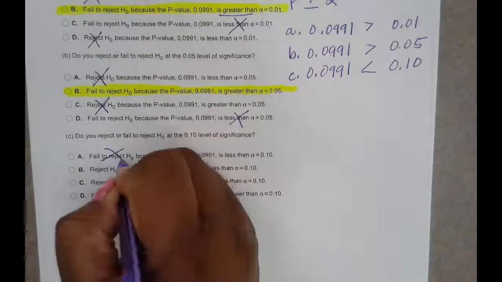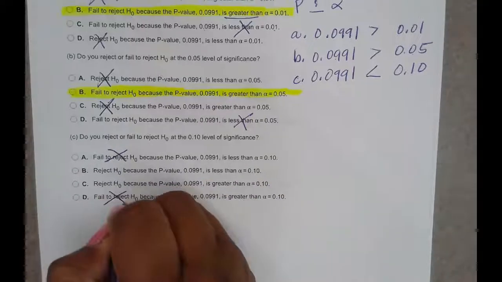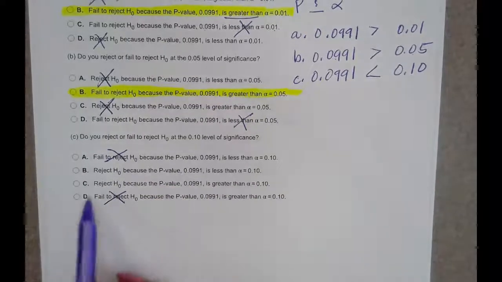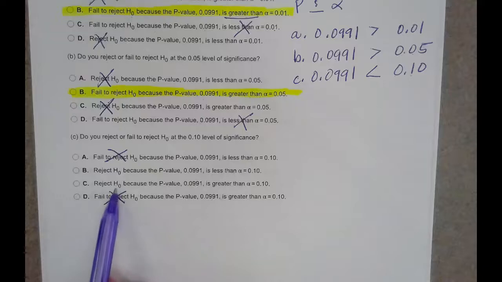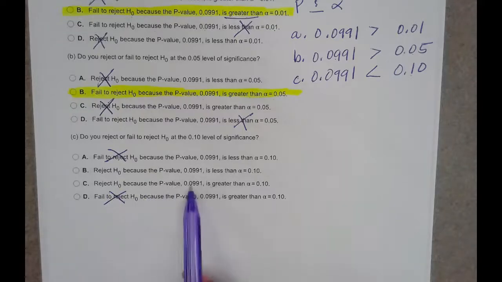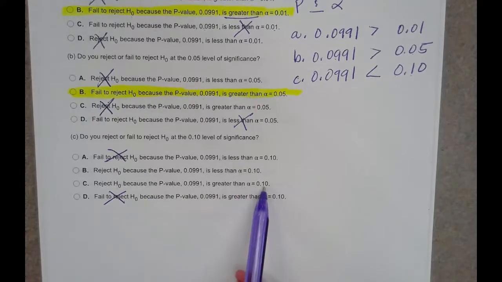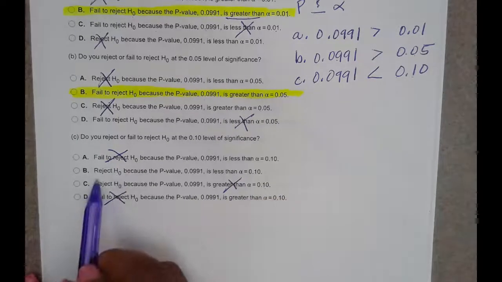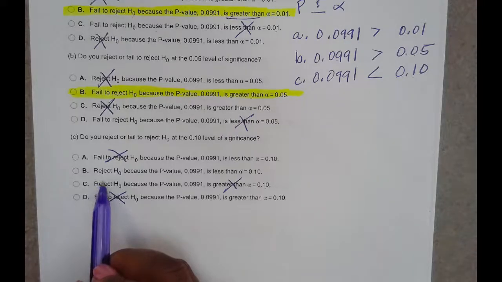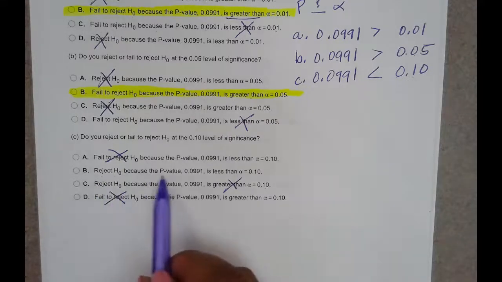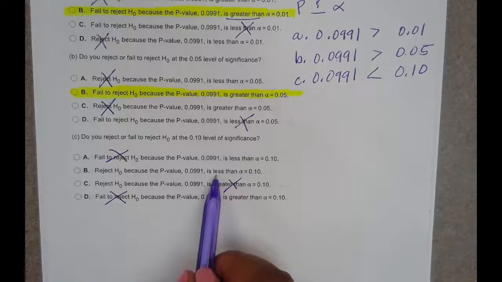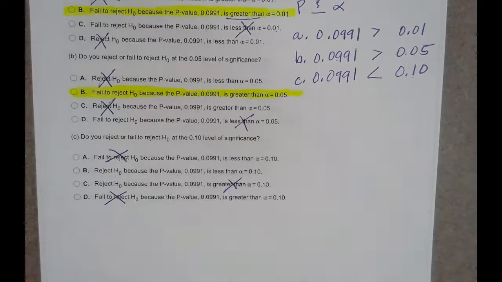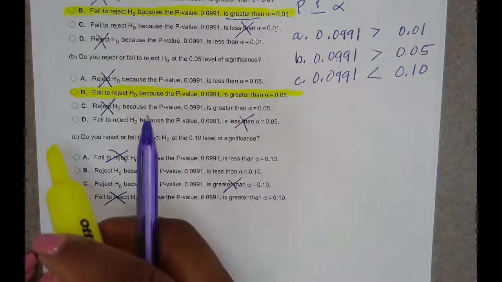So A is out, and so is D. Let's look here at C. Reject the null because the p-value is greater than the level of significance. Well, that's not even true. That's a violation. So B has to be our answer. Reject the null because the p-value is less than the level of significance, which is a true statement.